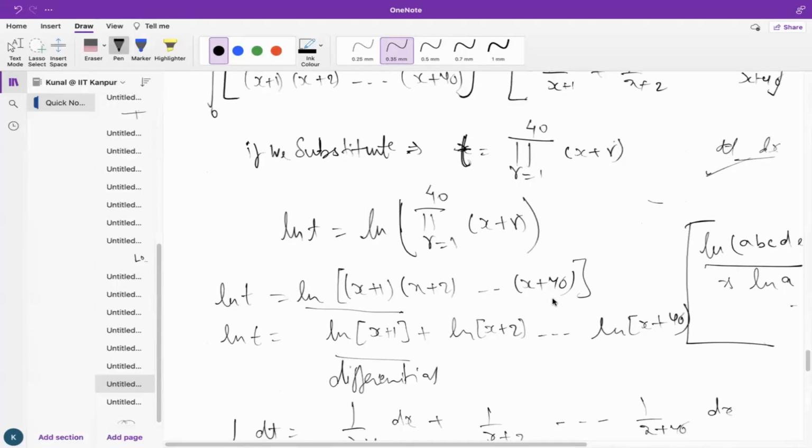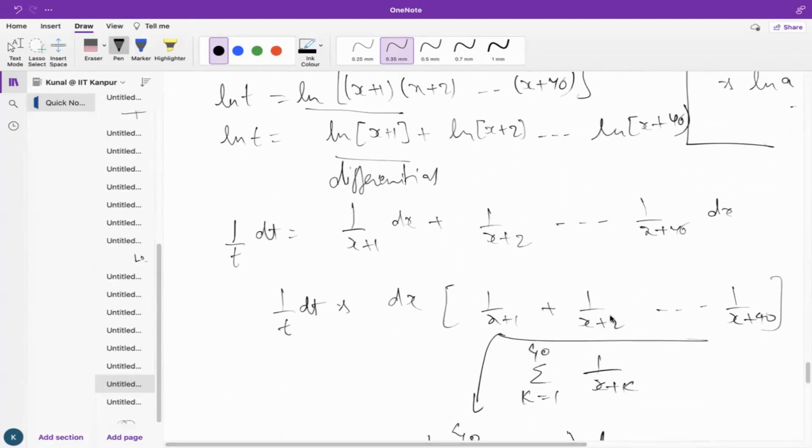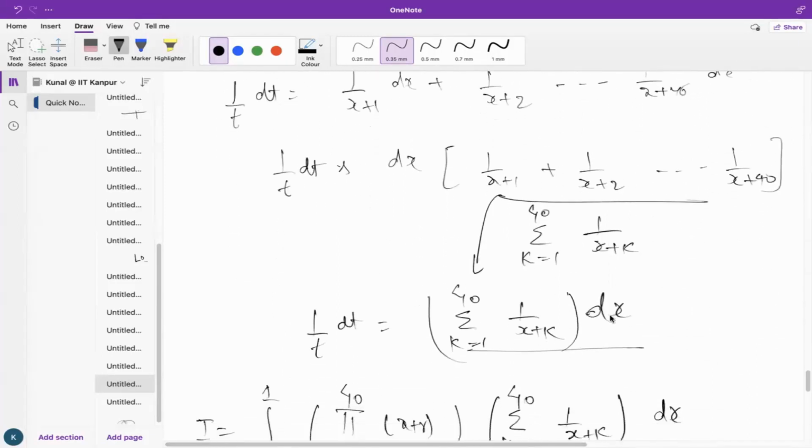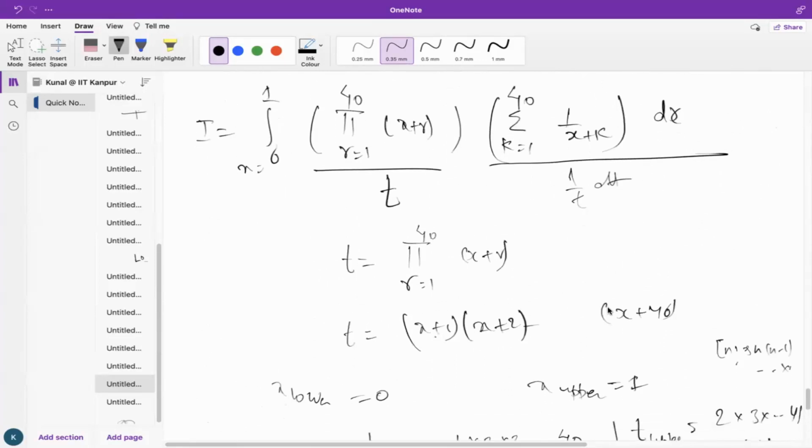Then if I substitute that, we get the summation term in terms of dt. And then we get a result that converted into a simple integrand. I hope you all understand what I am trying to say. So this is actually easy, right? There is nothing to be afraid of.